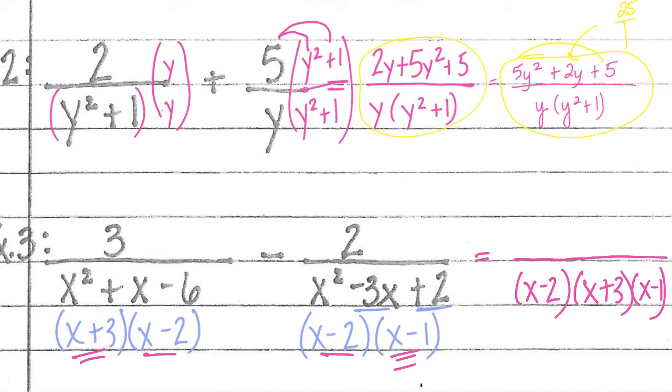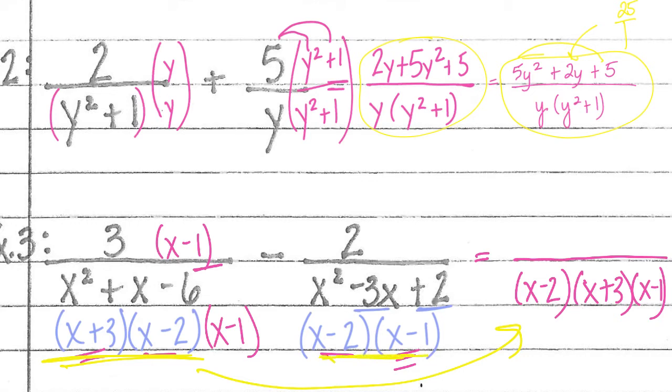Now, to get from this x plus 3, x minus 2 to here, I need to multiply through by x minus 1 over x minus 1. Again, I can multiply anything through by 1, and it doesn't change the value. To get from this x minus 2, x minus 1 to here, I need to multiply by x plus 3 over x plus 3.